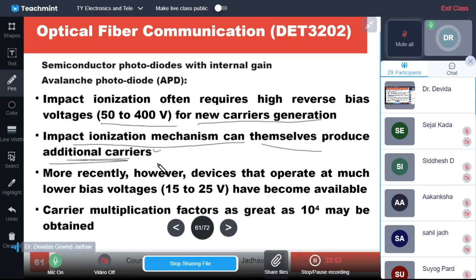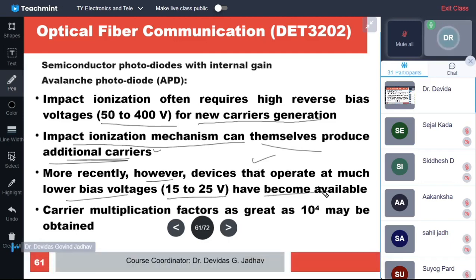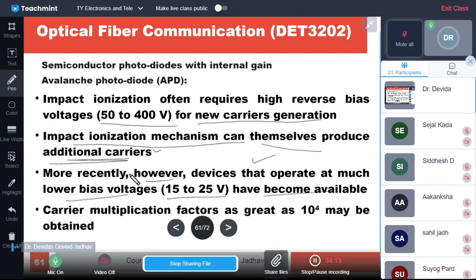However, nowadays 15 to 25 volt operation, low bias voltage operation for the same impact ionization, is available. By adjusting the properties of the device, low bias devices are developed, using material properties and band gap properties and all that.